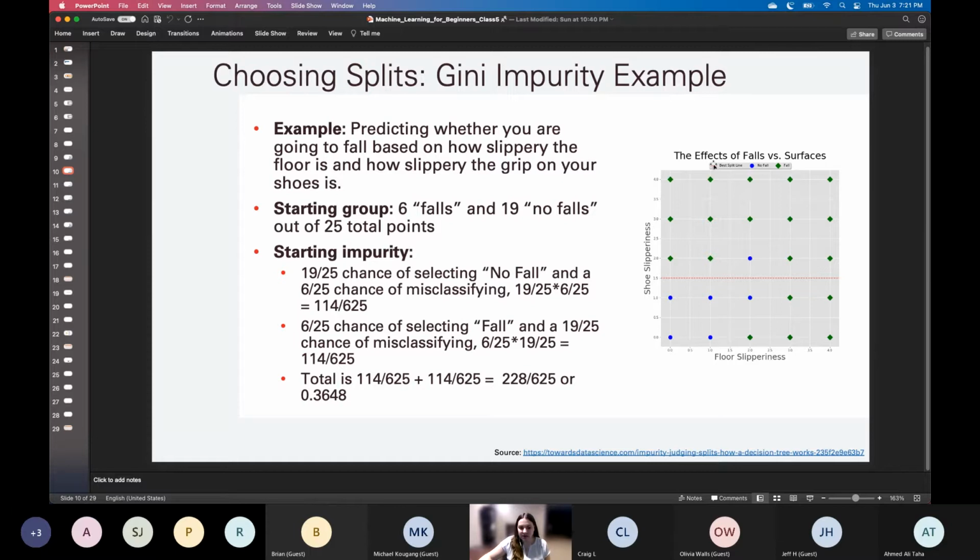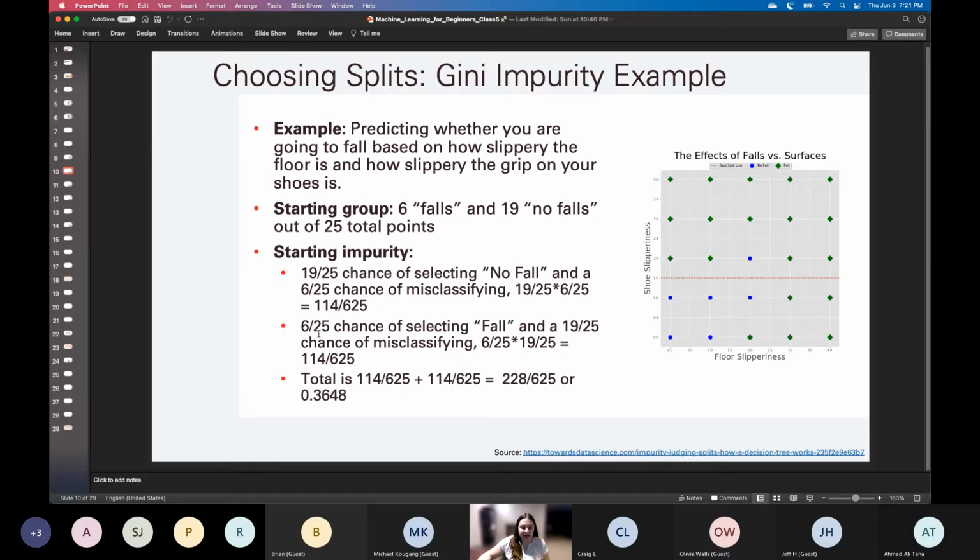If you look at this square as a whole, 19 out of 25 times you're going to have a chance of selecting no fall, and 6 out of 25 times you have a chance of misclassifying as a fall. You take those and multiply them together. That's one side of our decision tree.